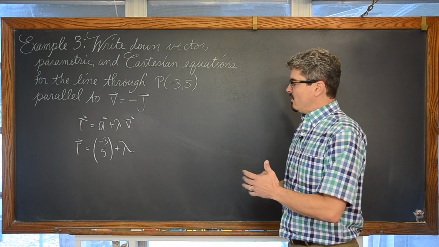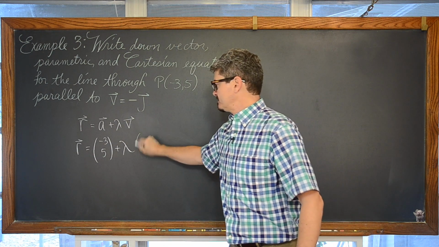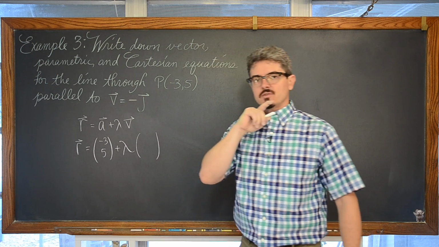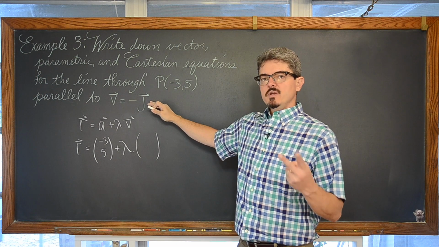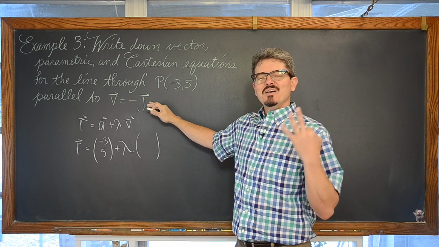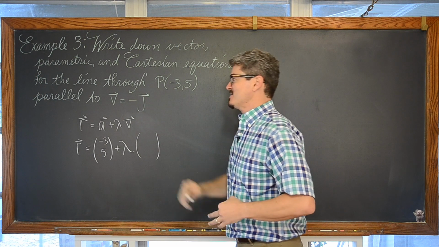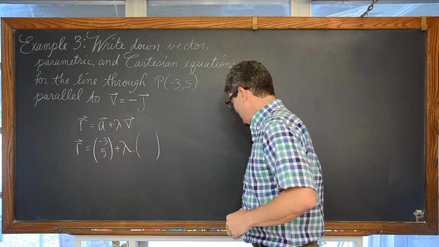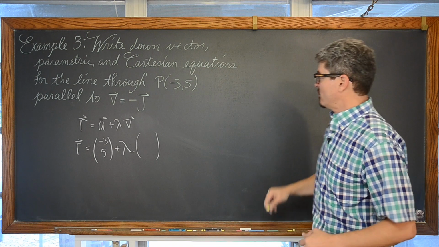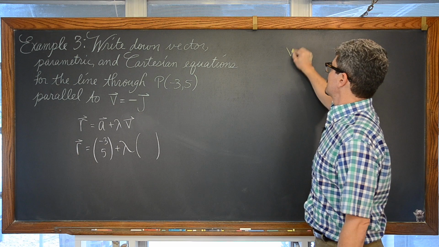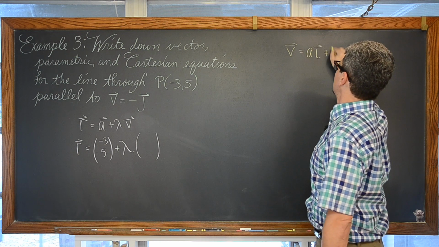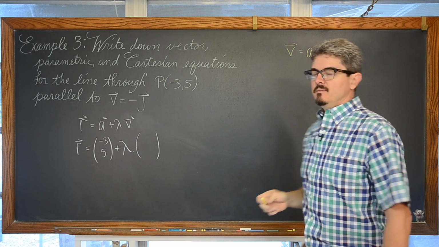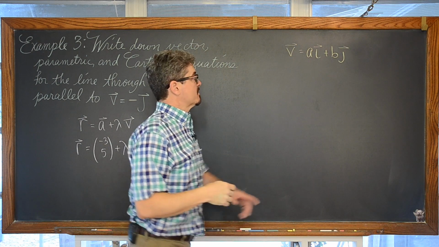And now we have to talk about this direction vector. We don't see it too often, but there are three ways to write a vector in component form. In two-dimensional space, vector v is equal to a times vector i plus b times vector j, or some other letters that your textbook might be using.